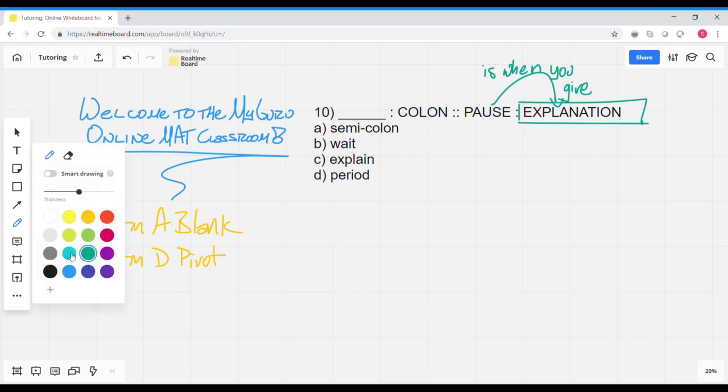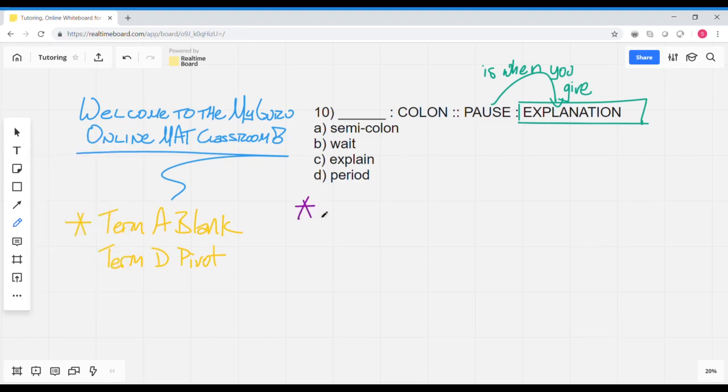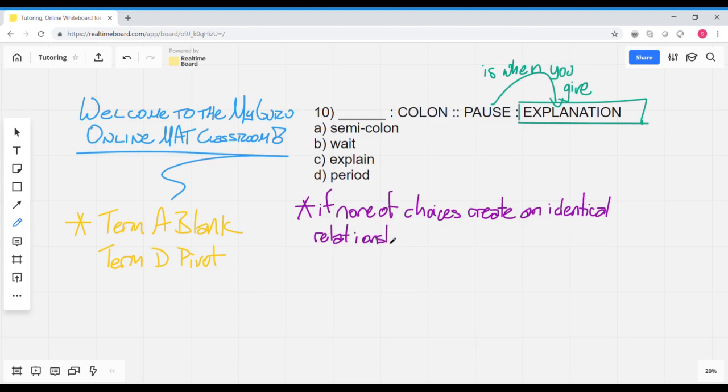Now, a good thing to remember is that if none of the choices create an identical relationship, you may need to revisit if you chose the proper terms.